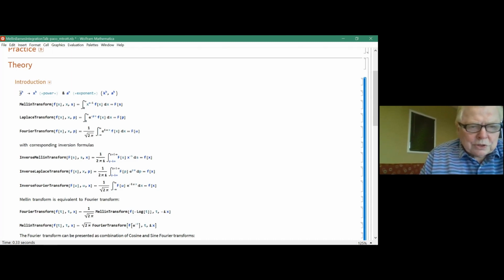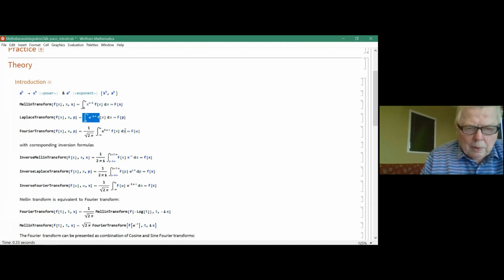Let's look at the simple function a to the degree b. If you put x in the first position or in the second position, you get power or exponent functions. And we can say that these are kernels of the Mellin transform, you see here, and the Laplace transform, and the Fourier transform.